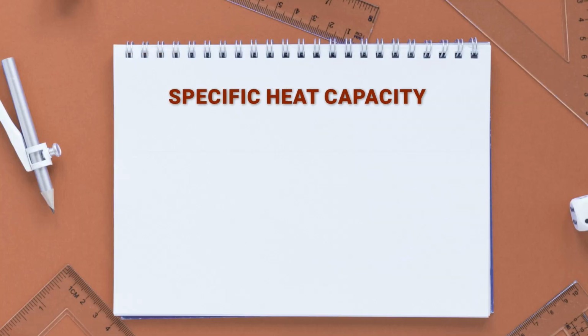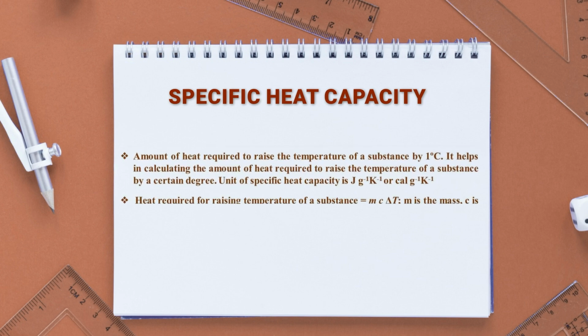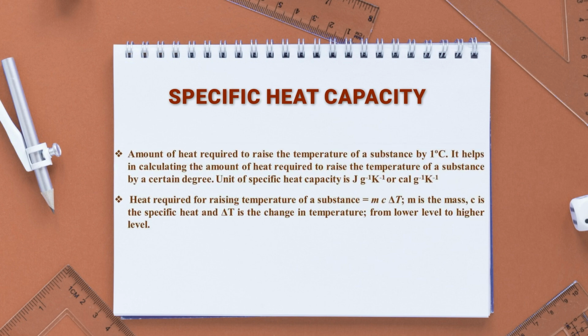Let's go to the next topic, that is specific heat capacity. What is specific heat capacity? Specific heat capacity is nothing but the amount of heat required to raise the temperature of a substance by 1 degree.